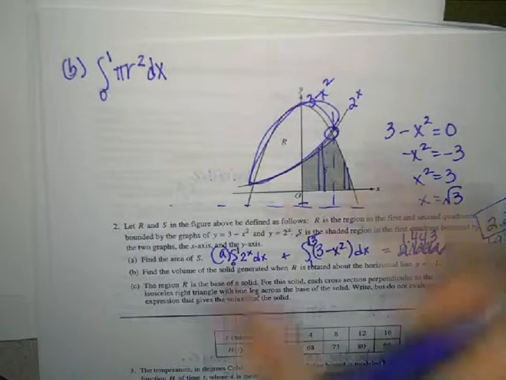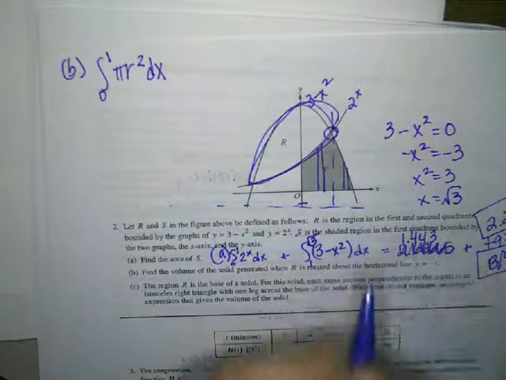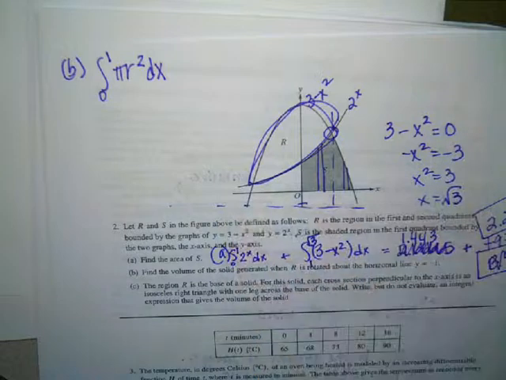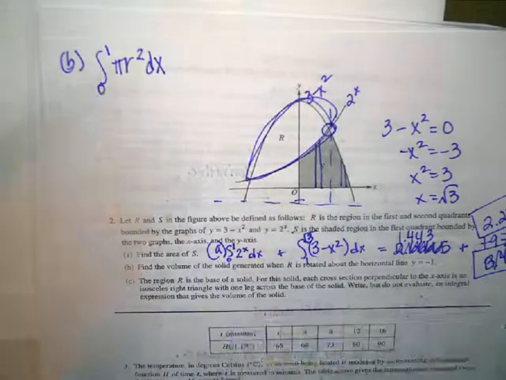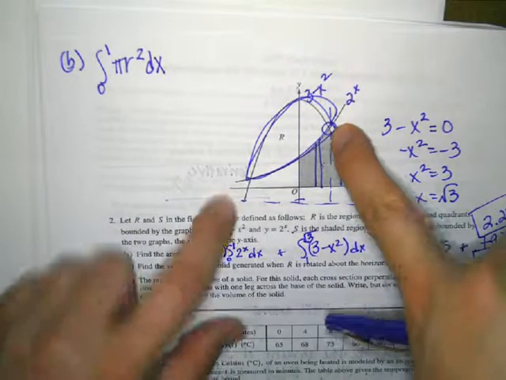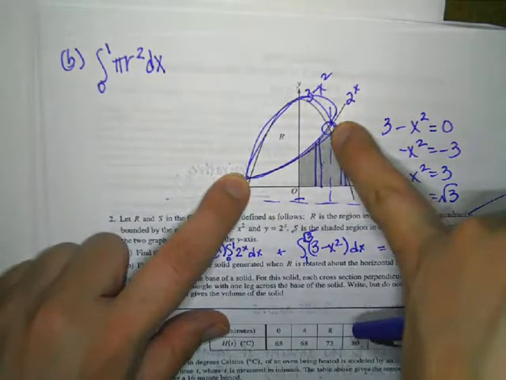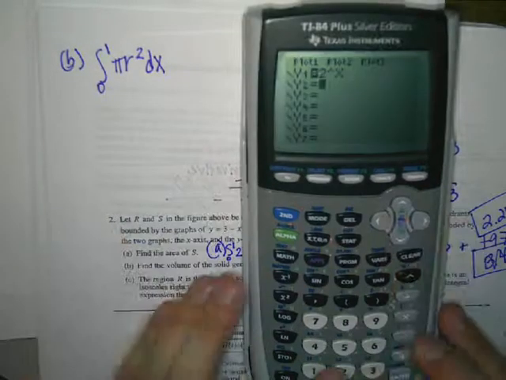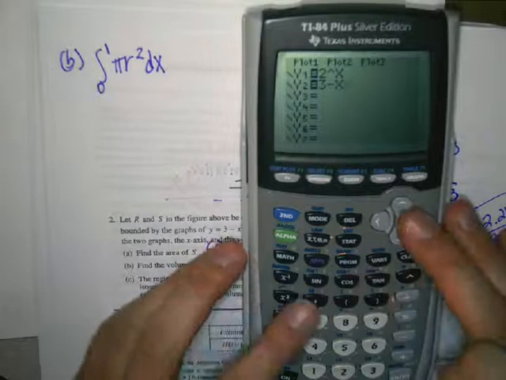You're still going to have a washer when that region is rotated around the line y equals -1. But we're not going to actually be from 0 to 1 then. We have to find where these two functions intersect each other over here, which since we already had them graphed, it's from something to 1, isn't it? Yeah.